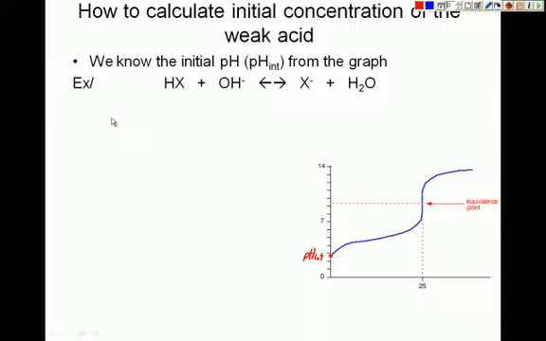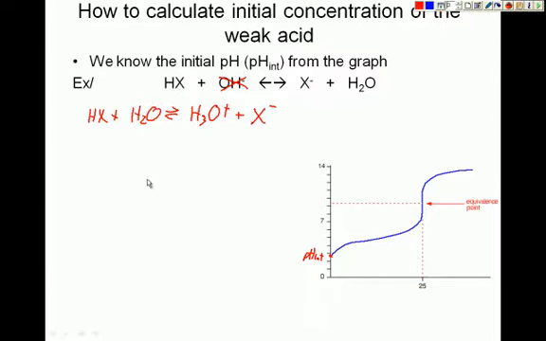If we take a formula, we're not adding OH, this is before OH is added. So what is happening is HX plus H2O, and again that makes H3O plus and X minus.